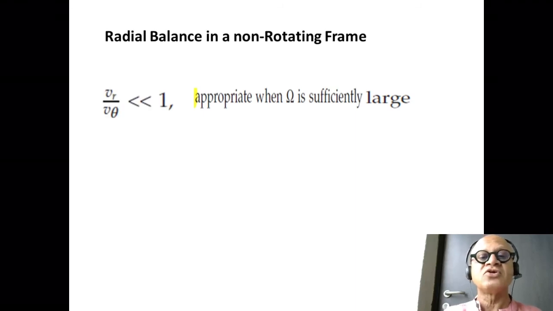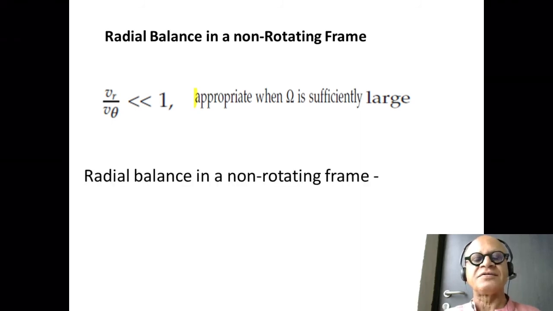So when the rotation is sufficiently large, the radial velocity that the particle would feel divided by the azimuthal velocity it is going through is much less than 1. That is looking from outside, in a non-rotating framework.